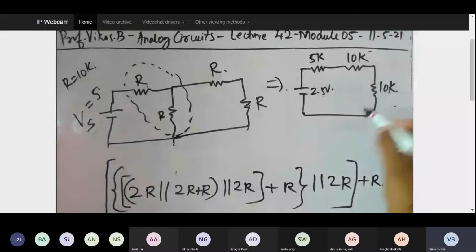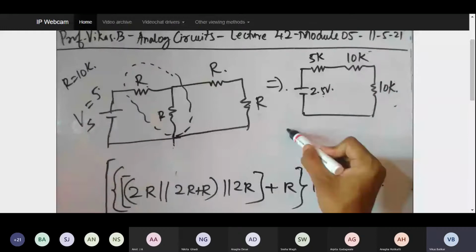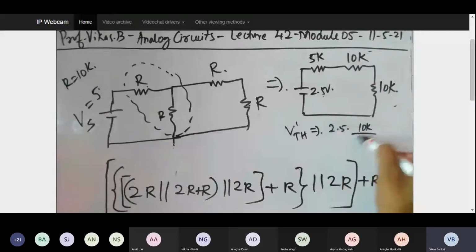I'll just write it as VTH dash: 2.5 into 10K divided by 5K plus 10K plus 10K. So this will be your VTH for the next wing. Let's not worry about that value. Now what we are interested in here is to calculate the RTH.